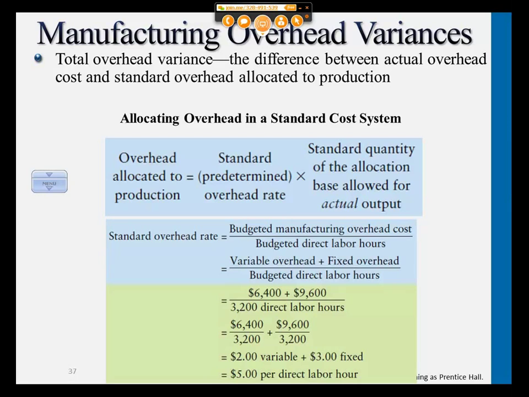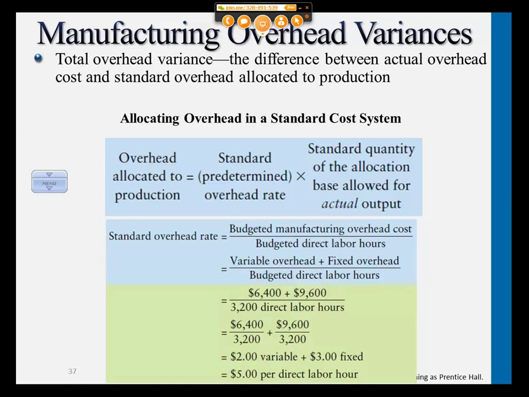Hence the standard overhead rate. Pay attention to that. So it's the budgeted manufacturing overhead cost divided by budgeted direct labor cost. Now we also know that our manufacturing overhead cost is variable overhead and fixed overhead. So it's variable overhead plus fixed overhead divided by budgeted direct labor hours.